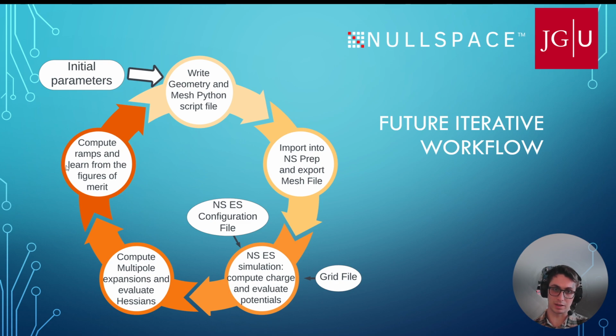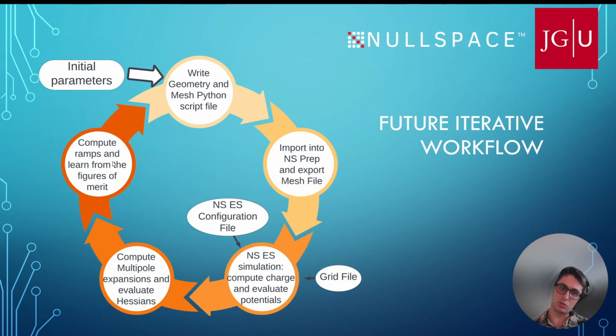And then we start our post-processing. In our case, we use the multipole expansion to evaluate the Hessians. The Hessians are the magnitudes most relevant to us because they determine the vibration of the ions, which is very relevant in trapped ion quantum computing.